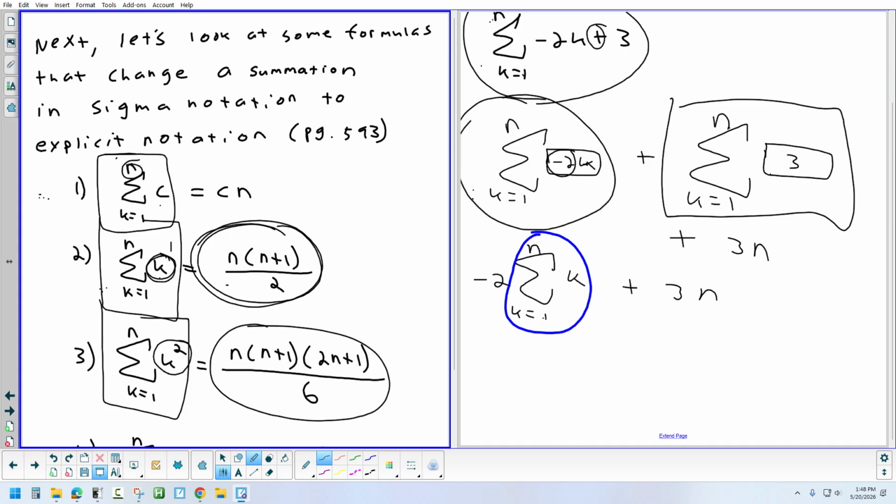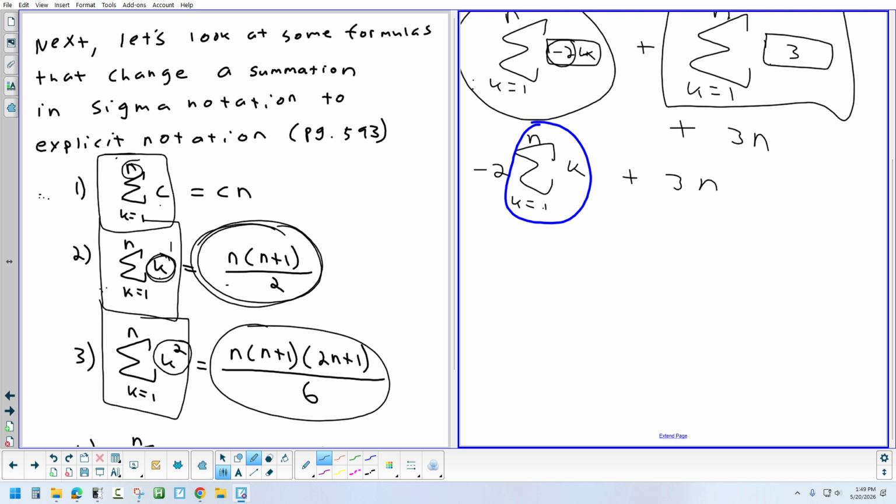We're adding up the first n integers to the first power. What's the formula for that? Yeah, n times n plus 1 over 2. Right. This thing circled in blue turns into this. That's the quick way to do that. Times negative 2 plus 3.